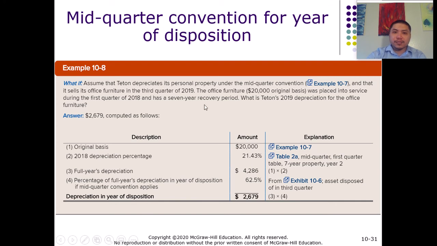And remember that the year of disposition here is before the full depreciation happens, meaning the company doesn't wait until the end of the useful life of the property. They just sell it even though it still has useful life, right?